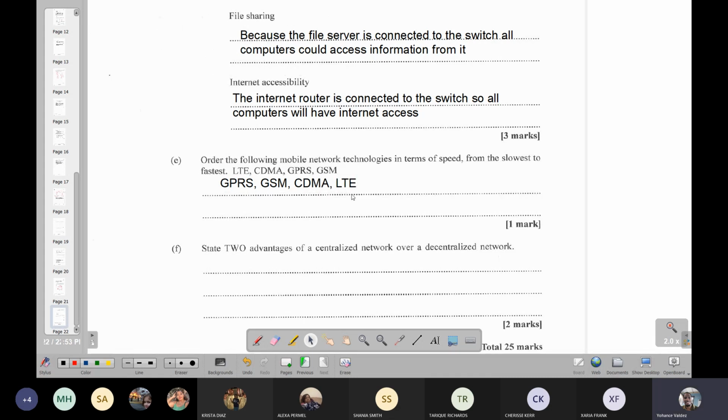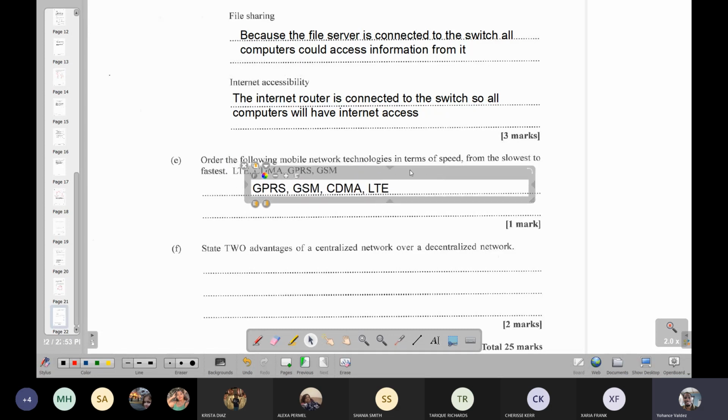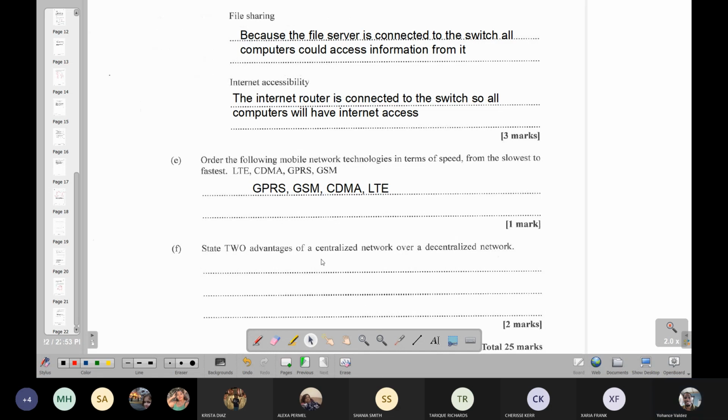My thing is, LTE is an evolution of the GSM system, so this question in itself is a bit foolish, in my opinion. Maybe somebody could explain it to me a little more. Some of you had CDMA and GSM swapped around, and I said I would give that a mark as well. If you get your marks back with this wrong, just add your 1 mark to it.